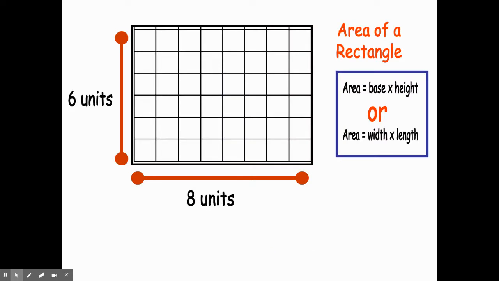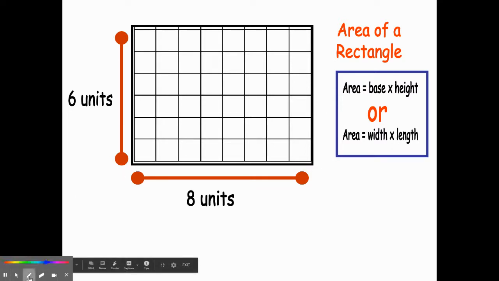From last week, we talked about finding the area of rectangles, and the formula for that is base times height, or you could say width times length or length times width. When we talk about base, the base of our shape is like the bottom of our shape.